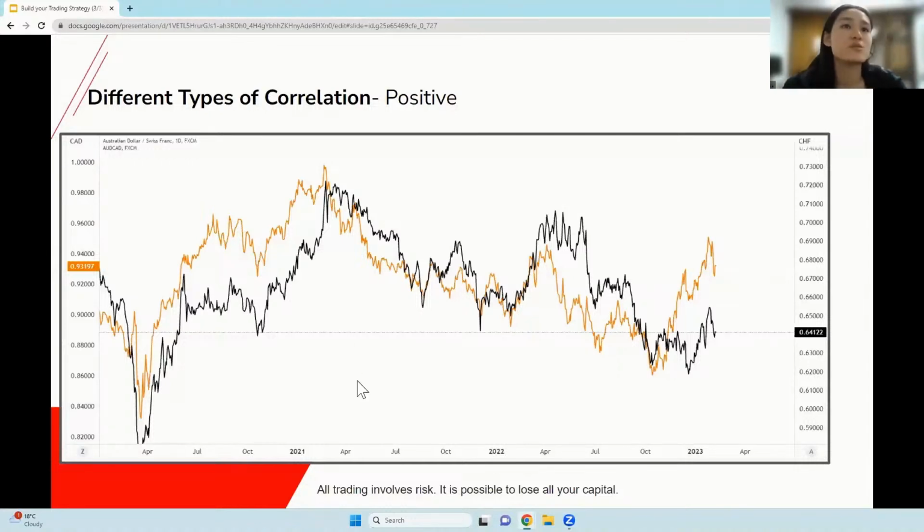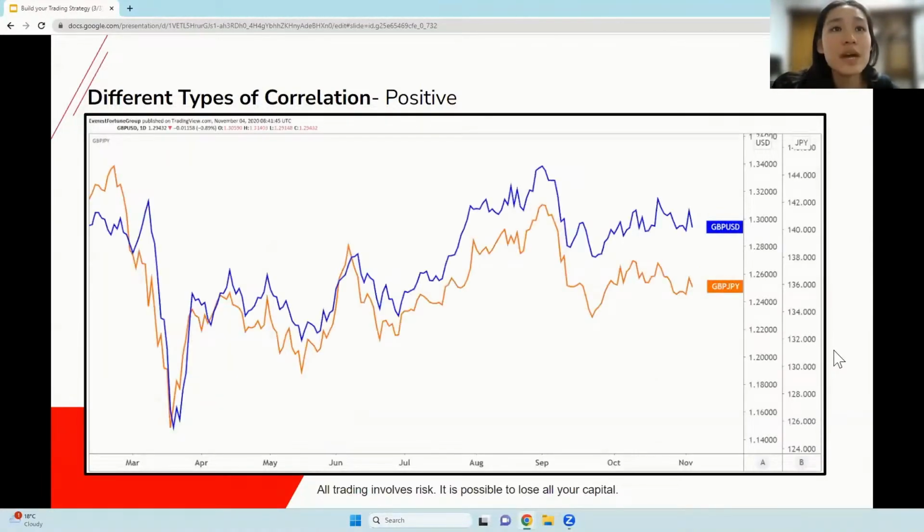So this is basically what it will look like if it is very correlated at that point in time. You can see whenever prices move upwards and downwards, it's basically about the same shape.